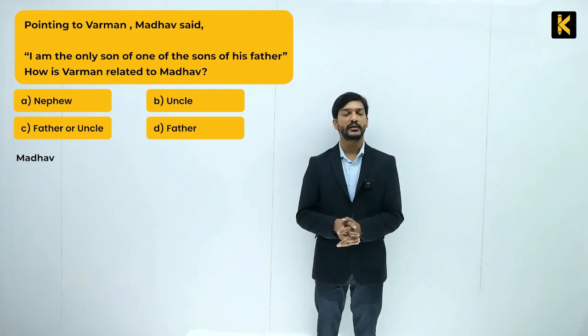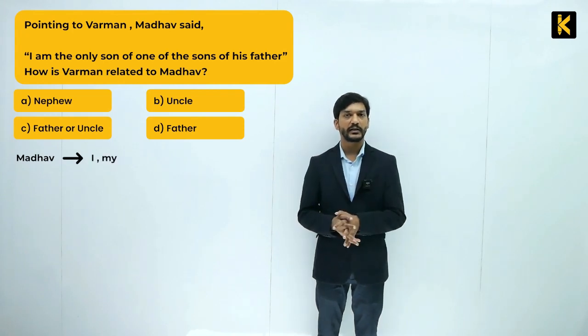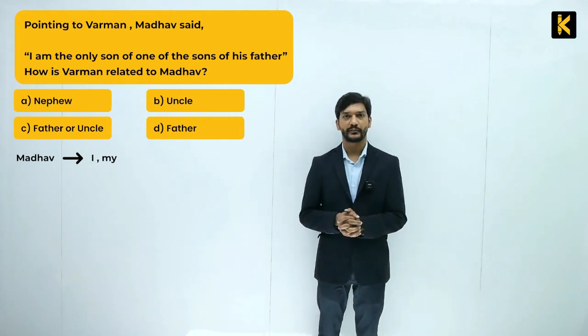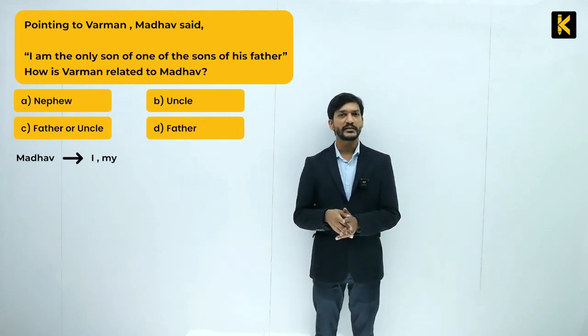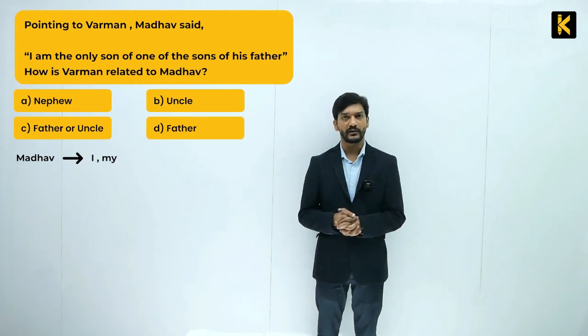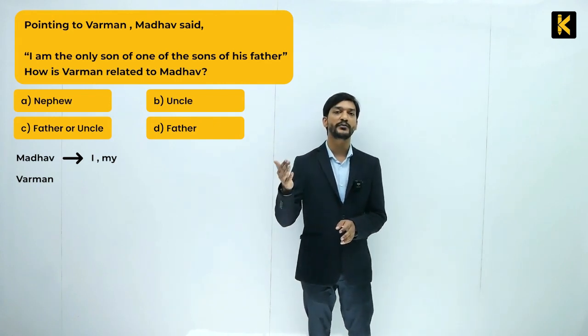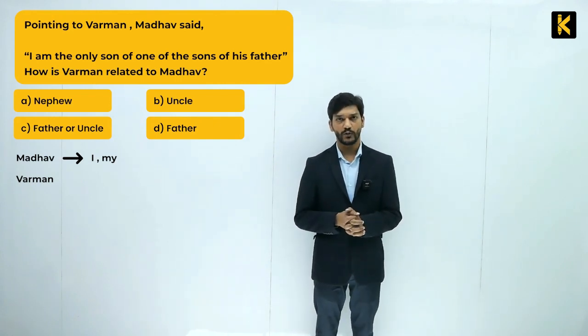So obviously, if the word I is present in the statement, that is for Madhav, and if the word my is present, that is also for Madhav. Now, this statement Madhav has said, pointing to Varman. So that means Madhav is talking about one more person, which is Varman. Okay.